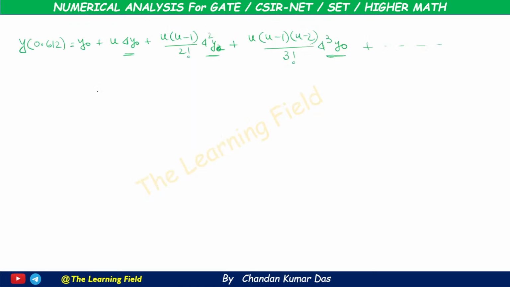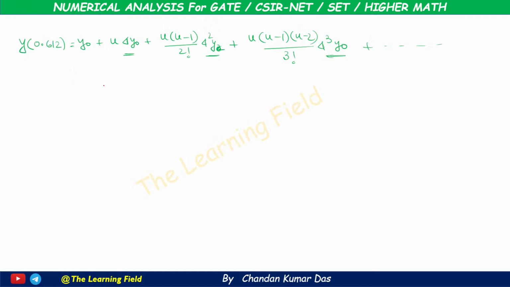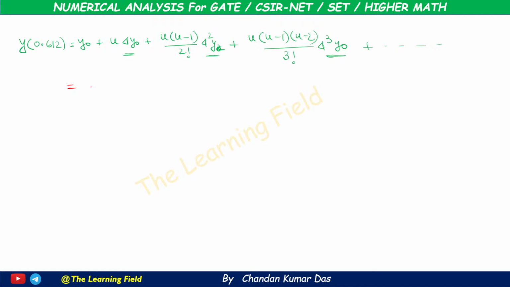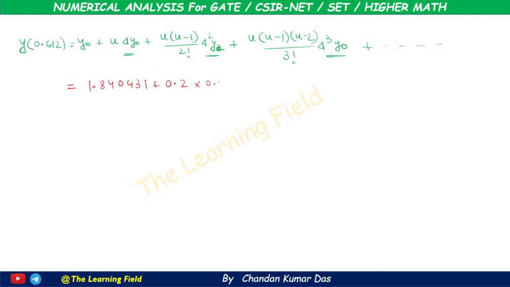So the value of u is equal to 0.2, and h is equal to 0.01. y0 means the value given here, the first point. So this is equal to 1.840431, plus the value of u, 0.2, into delta y0, which is 0.018497.